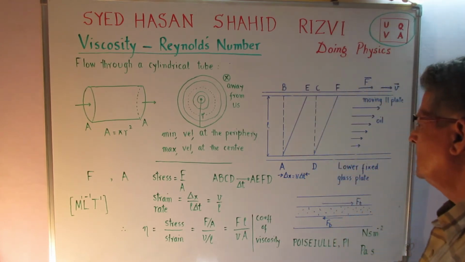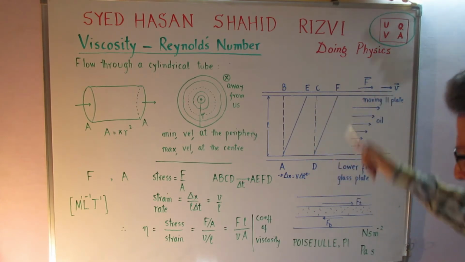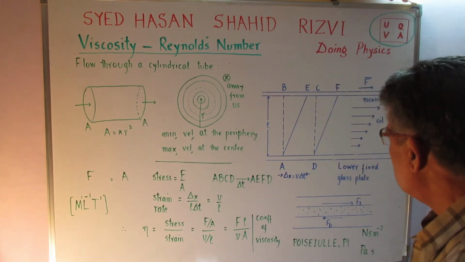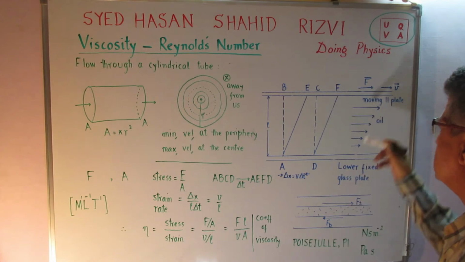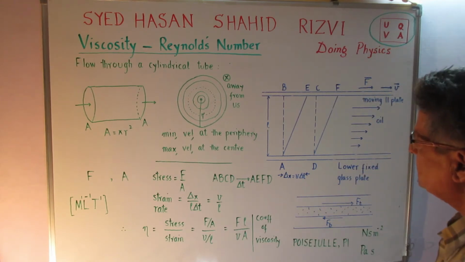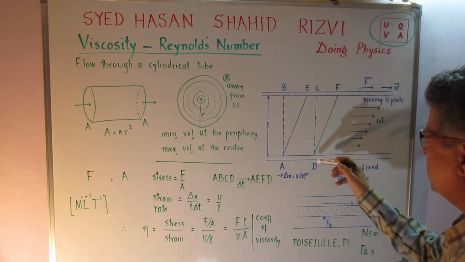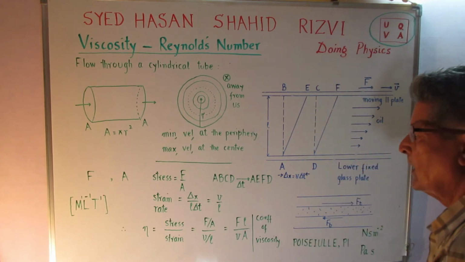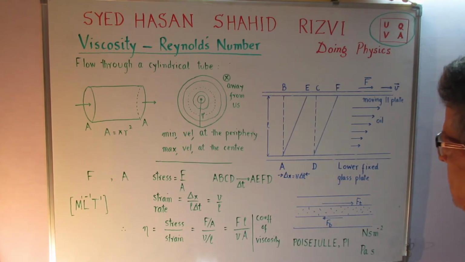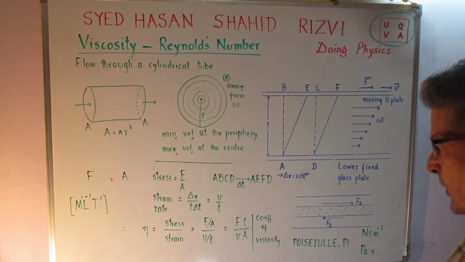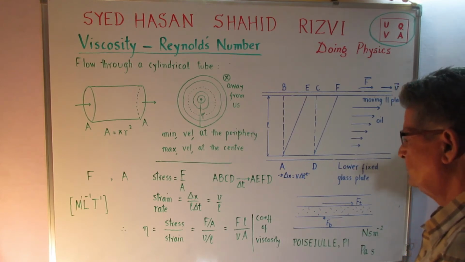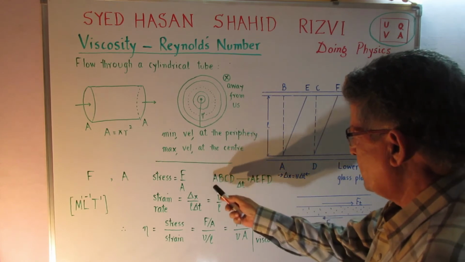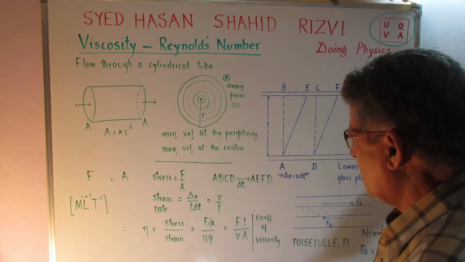Now, going back to where we started over here, where there was a force which was causing a shear to the liquid, when the plate was moving with the velocity v, and the shape A, B, C, D became A, E, F, D. When the force was applied to a certain area, the stress is related to the shape changing from ABCD to AEFD in time delta t.